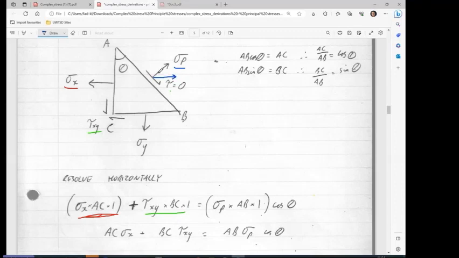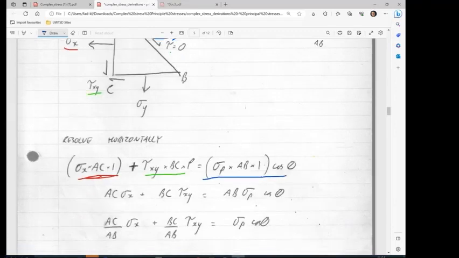I'm going to move that through the angle there, which is going to be theta clearly. Okay, so we've got sigma P, AB times 1, that's the force, times cos theta, that's the horizontal component of that force.